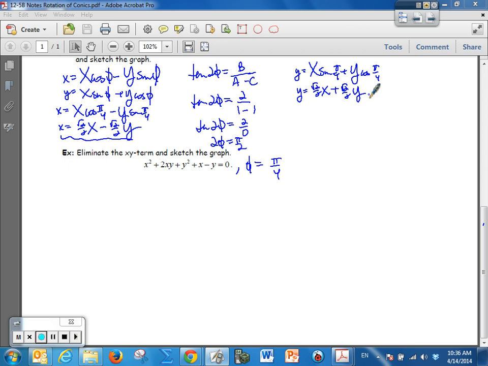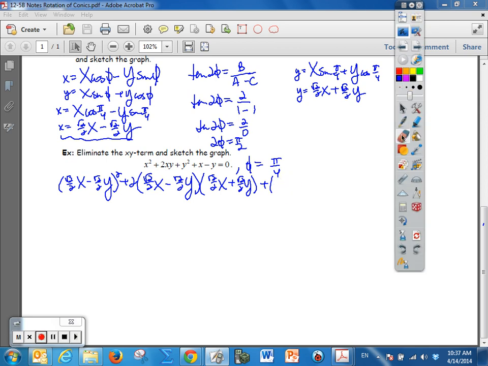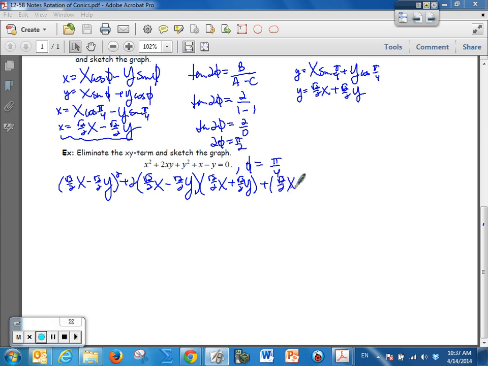So let's take our little x and let's sub it in here. Root 2 over 2 big X minus root 2 over 2 big Y, squared, plus 2 times, put the little x guy in there again, and multiply it by the y one, which is root 2 over 2 x plus root 2 over 2 y, plus, put the y one in there, and that is root 2 over 2 x plus root 2 over 2 y, and that one's squared, plus the x one.